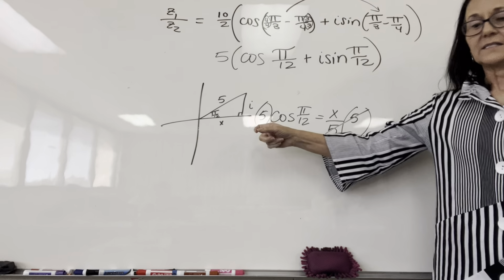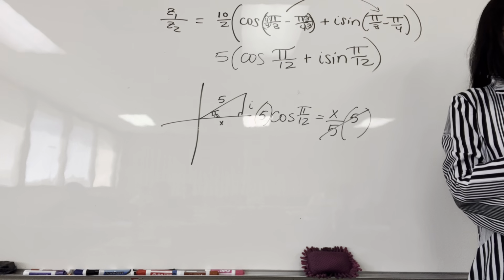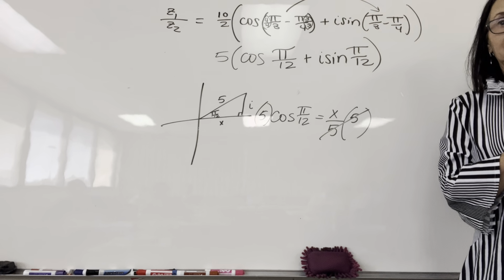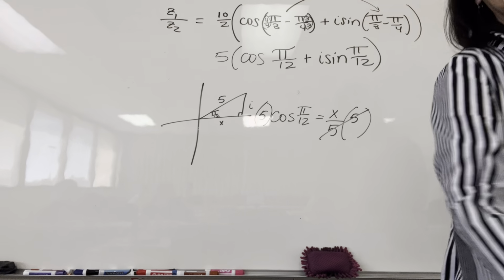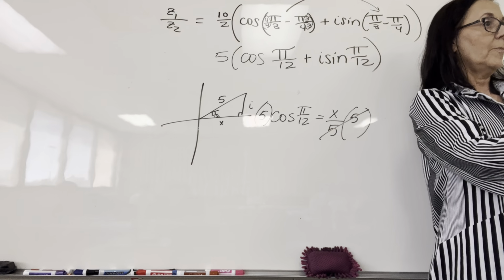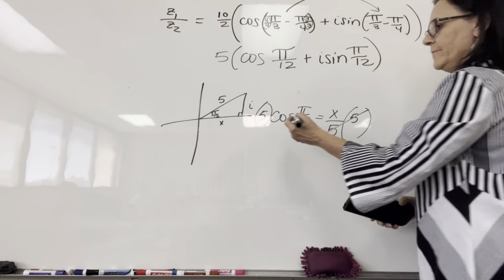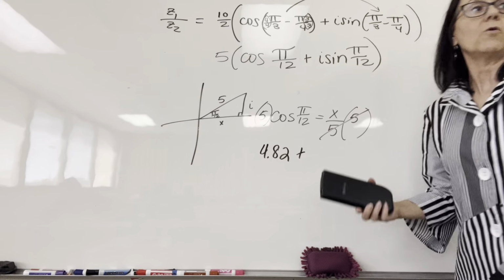So yes, leave it in radians. What's 5 times the cosine of pi over 12? I got 4.82. So complex would be 4.82. I know my I is going to be positive.